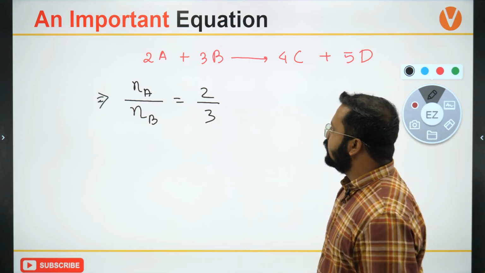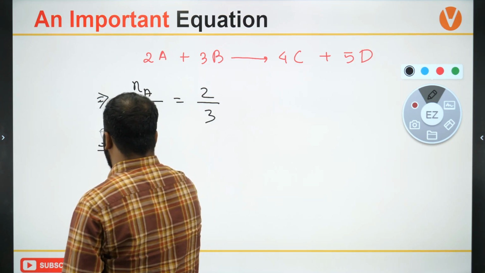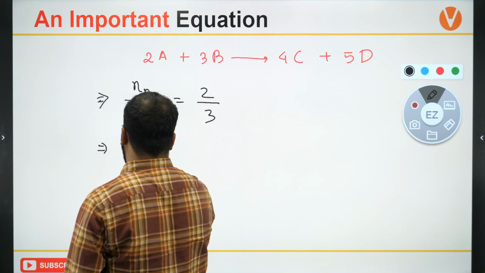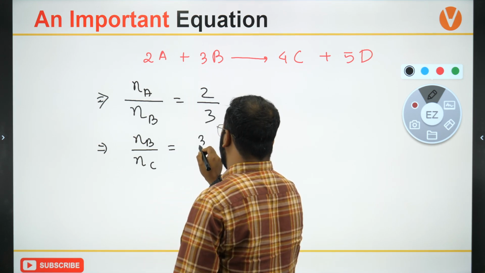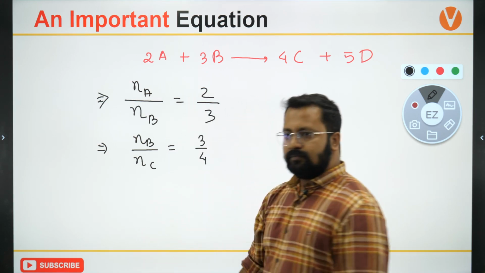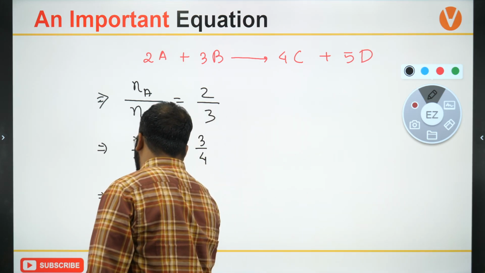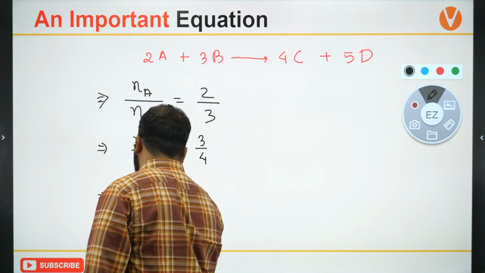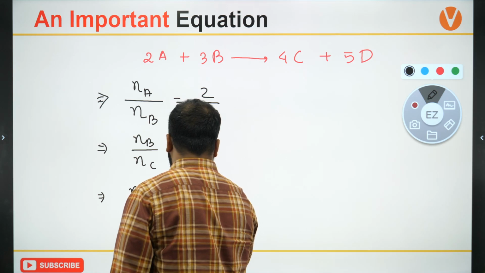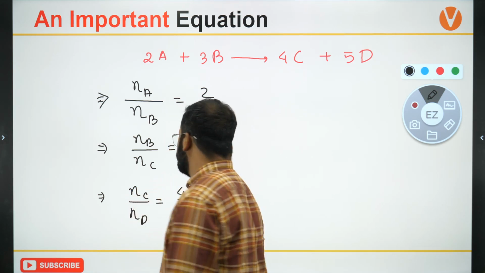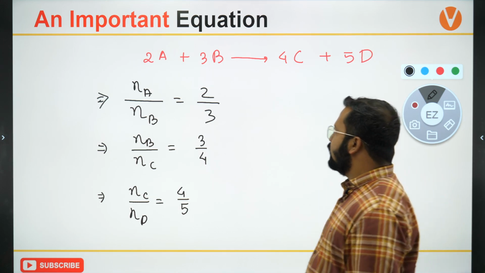It will remain in this ratio. If I take the ratio of the number of moles of B and C, then number of moles of B upon number of moles of C is 3/4. Similarly, I can write number of moles of C upon number of moles of D will be equal to 4/5.